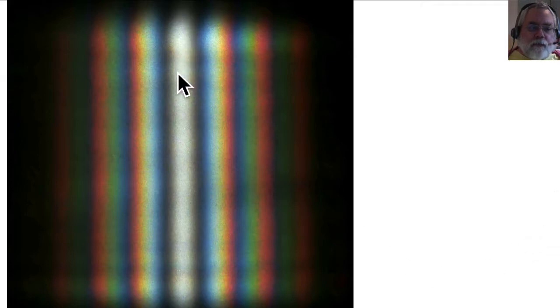In the center we get the most intensity, and then we get a node, and then we get lesser intensity and another node. But also, red light has a different pattern than blue light because it has a different wavelength.